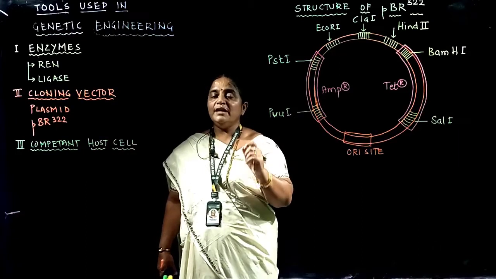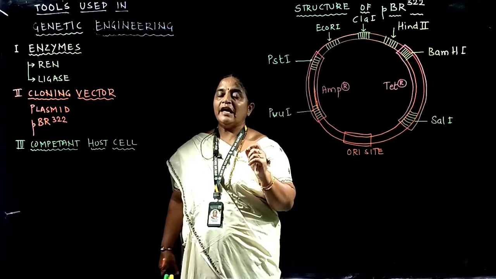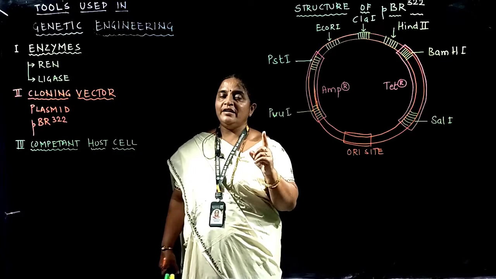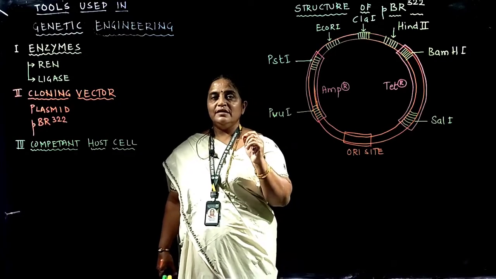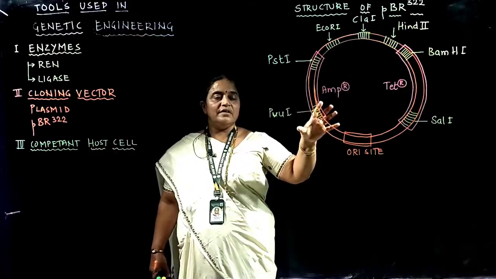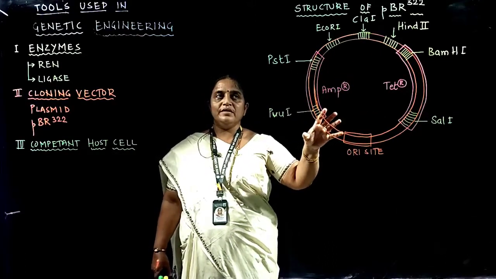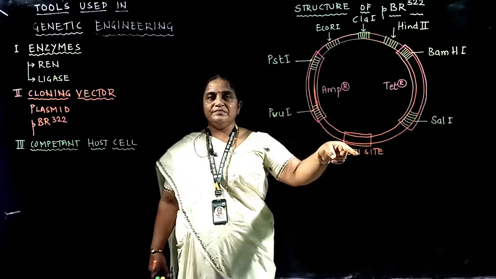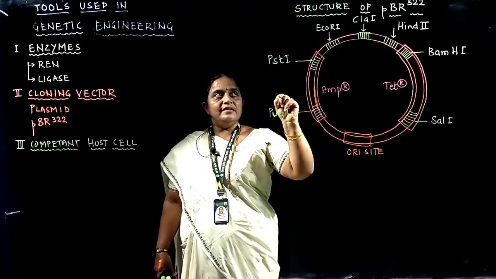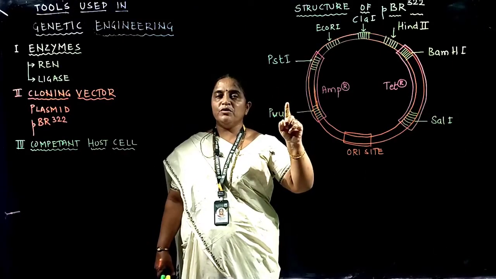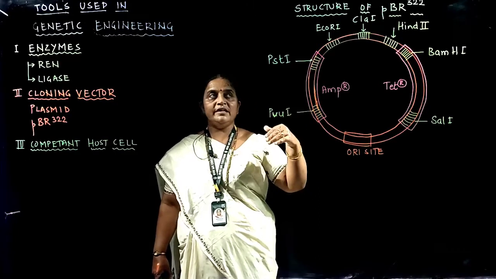That's why the name of the enzyme is written as HindII, HindIII. Here, if you look at my right hand side, a cloning vector is shown. You can see these various names of REN. In this name, the first letter indicates the genus name of the microbe from which the enzyme is isolated.